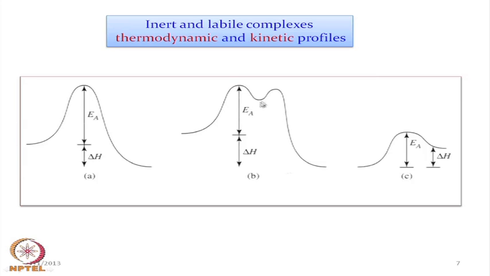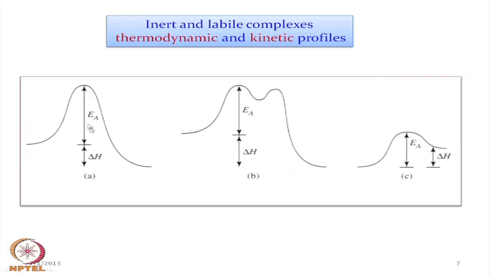If it goes through the dissociative mechanism, we have the dissociated form, that means the 5 coordinated species is the intermediate. But if it is the associative form, the 7 coordinated species would be the intermediate.